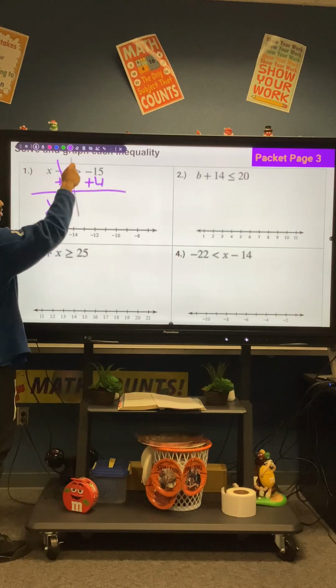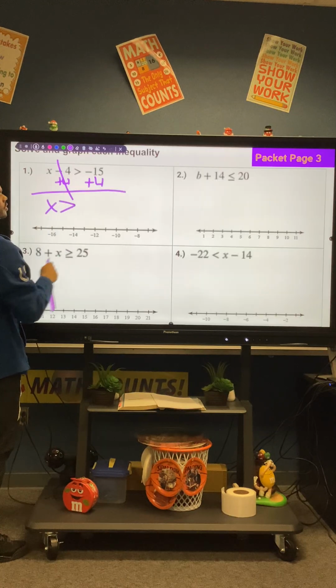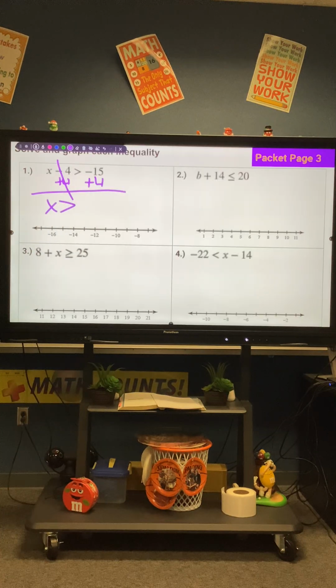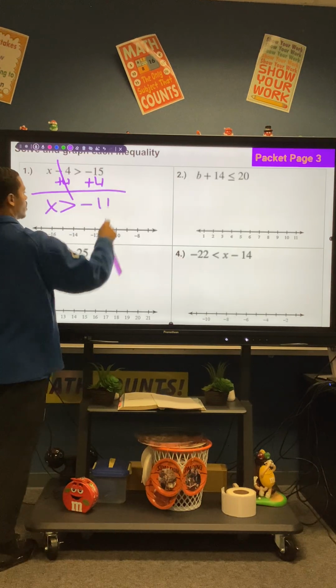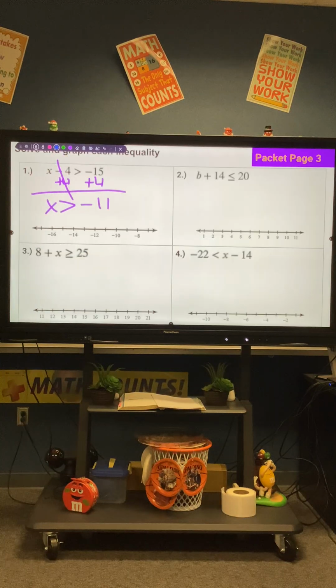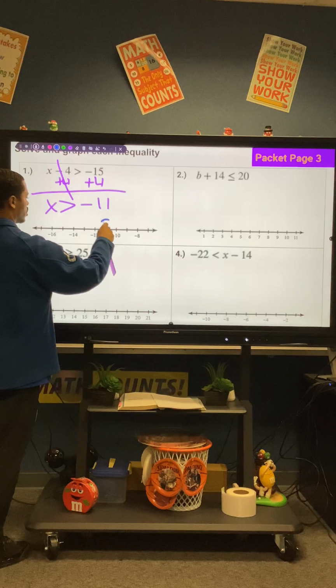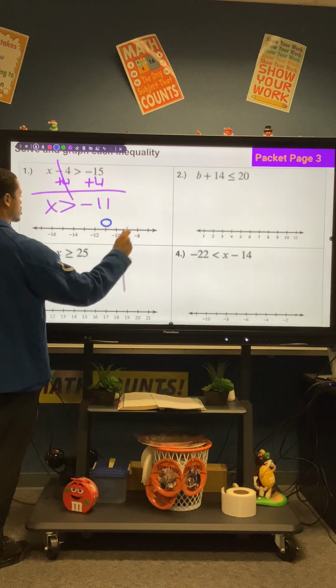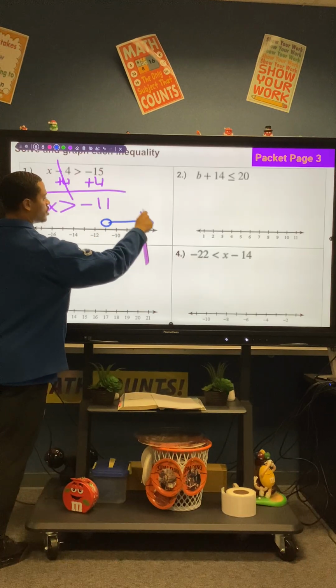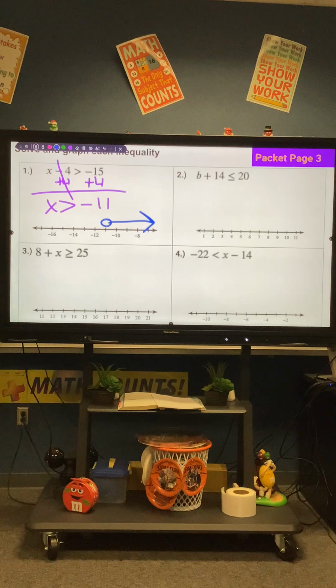Leaves us with x. Carry my inequality down, is greater than. And then what's negative 15 plus 4? Negative 11. Now remember, when I go to graph it, I'm going to find negative 11, which is right here. Open circle, and since x is greater than, move it to my right.